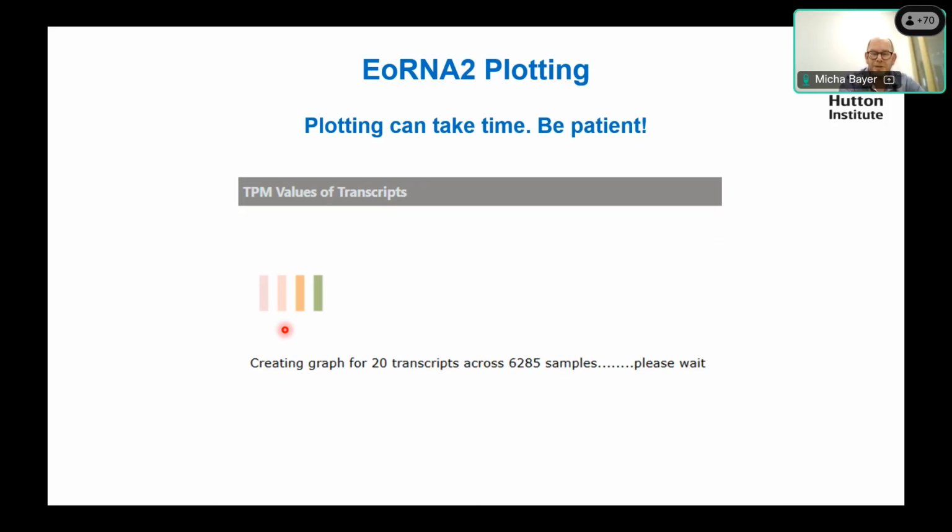So you just have to be patient. If it is something that has a lot of transcripts in it, maybe go and have a coffee, and then come back to the information when you're ready. I just want to make that clear at the start. Don't sit there going, why is this not coming up? Everything is plotted real time on your computer.